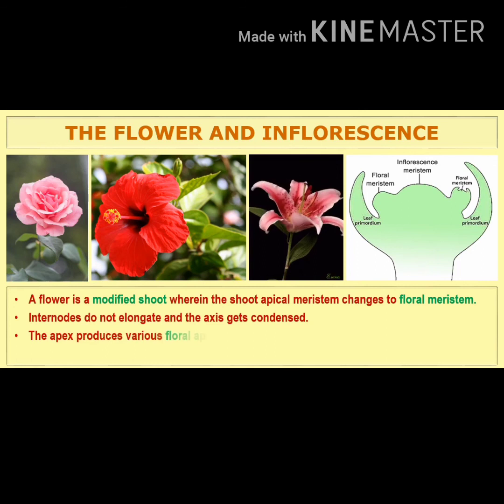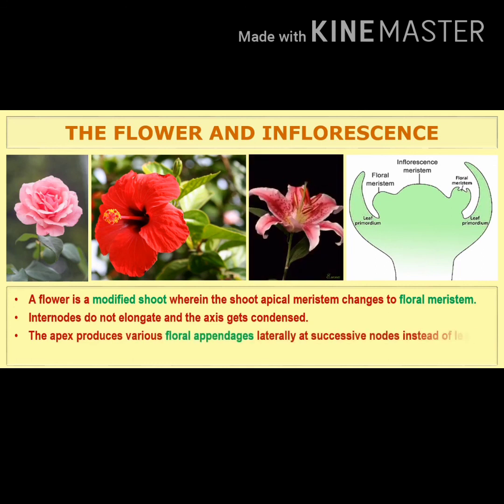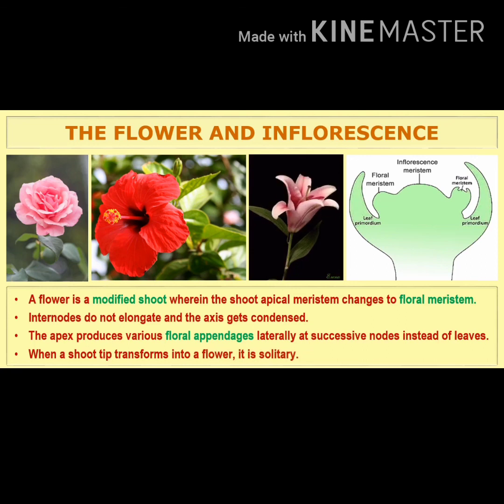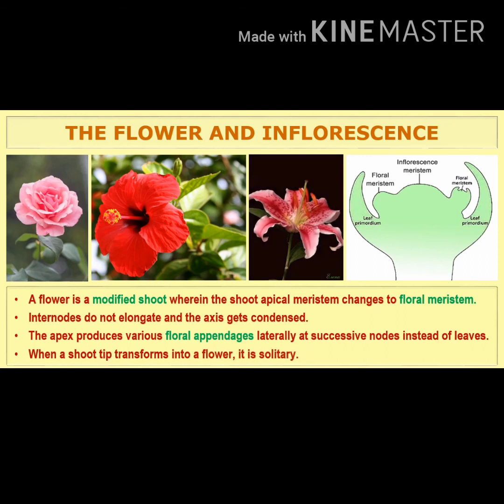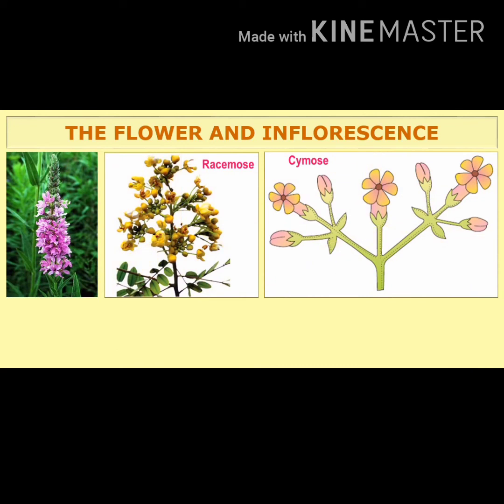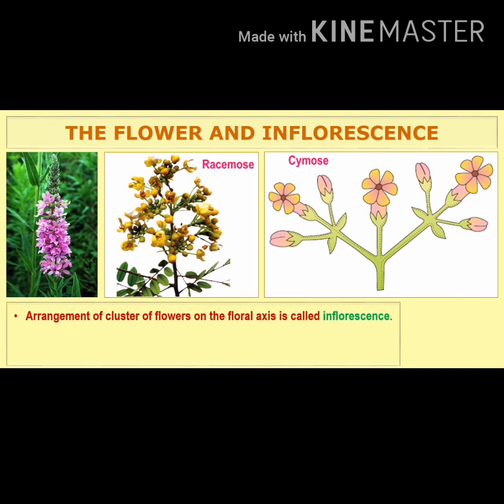The apex produces various floral appendages laterally at successive nodes instead of leaves. When a shoot tip transforms into a single flower, it is called solitary. The arrangement of a cluster of flowers on the floral axis is called inflorescence.